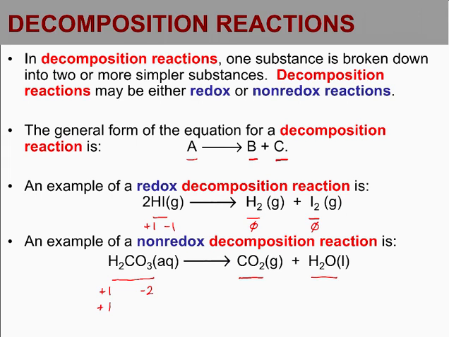And we have 3 oxygens, so I'll add -2 and -2. If we add all of that up, we have +2 minus 6, so that's -4. And remember that for a neutral molecule, we should have an overall sum of 0. So in order to cancel out that -4 value, carbon must be +4.